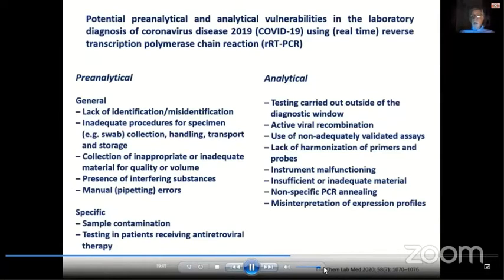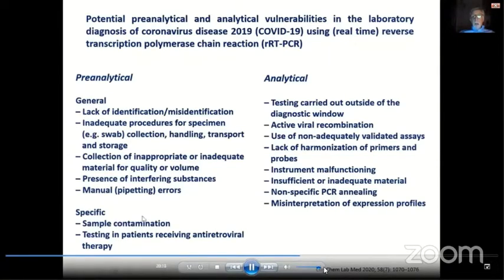Some points that are really important in molecular testing, outlining the pre-analytical vulnerabilities. This is really very important. In the pre-analytical phase, one point is the lack of identification or misidentification of the sample. When you have thousands and thousands of tests, it is very important to have some computer-driven organization for detecting all the samples. We may have some inadequate procedures for specimen collection, handling, transport and storage.